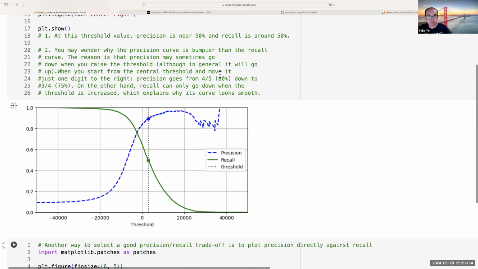But if we move the threshold a little bit higher, you're getting 3 out of 4, which is 75%. So it will drop off, because the number you predict to be ones will be significantly smaller, so the numerator and the denominator will be pretty small. That's why there is some roughness and zigzag when you choose the threshold to be super large.